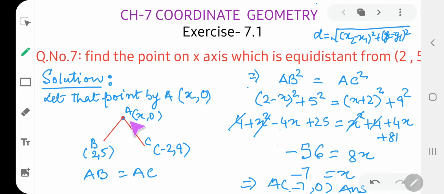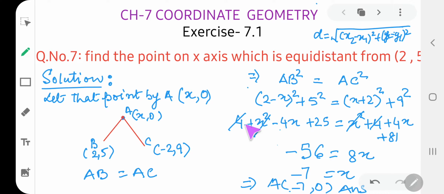Now we have to find out what is AC, the distance AC. So this distance AC is x minus minus 2, that will become x plus 2 whole square, and 9 minus 0 will become 9 square. So if you open this bracket using the identity, a minus b whole square is a square plus b square minus 2ab.